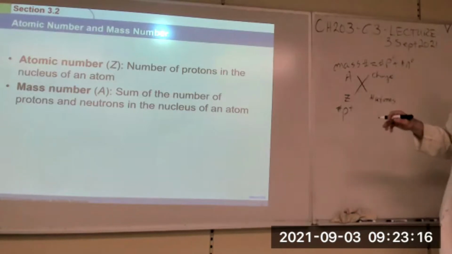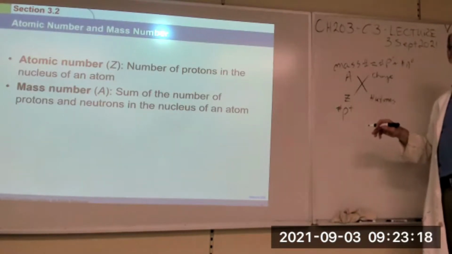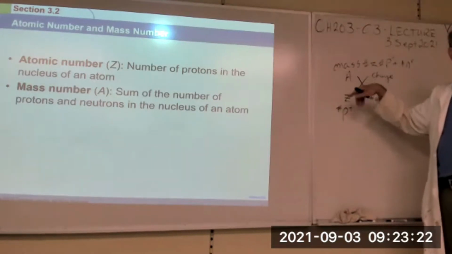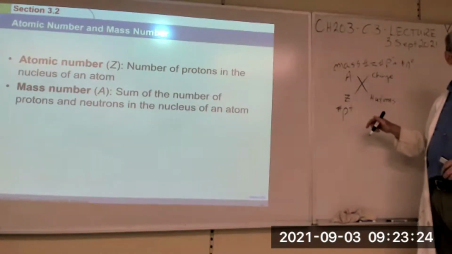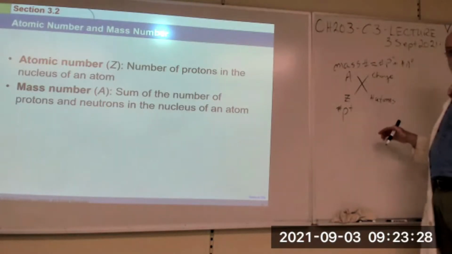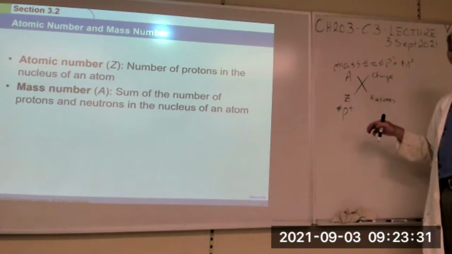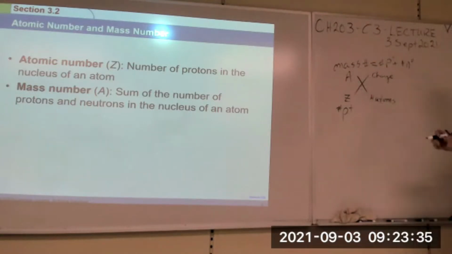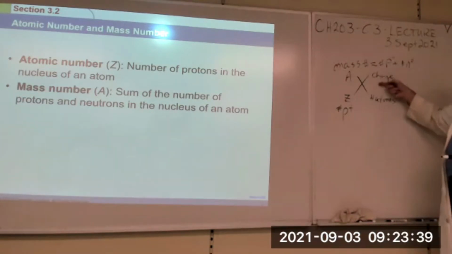In chemistry, when we're talking about elements and compounds in a reaction, we don't write that information in there. It's not necessary. But if you're describing particularly isotopes, where you have different numbers of neutrons, then you do need that information. But for chemical reactions, we just fill in these parts right here.